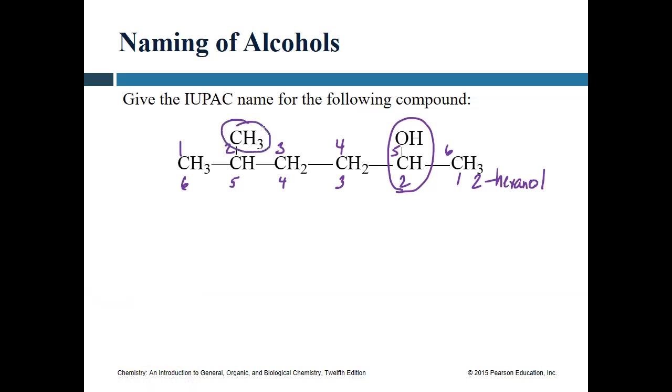So we need to recognize that this is a methyl group and that it's in position 5. So this is 5-methyl. Now I just need to put the 2 pieces of the train together. 5-methyl-2-hexanol.